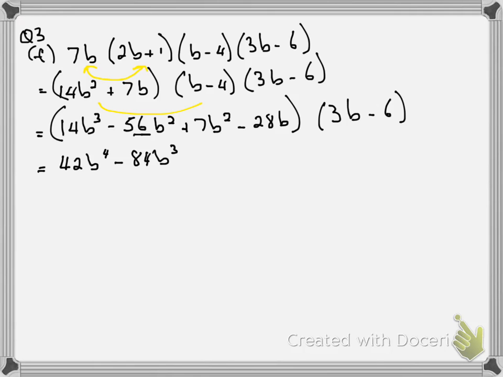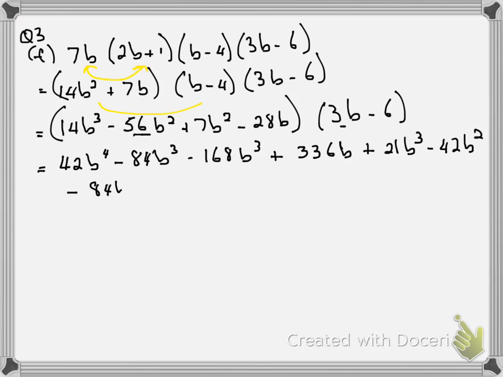Now multiply this one and these ones together, and that's going to give me 168b cubed, and 6 times 56, that's going to be a plus, 6 56s are 336b squared, plus 21b cubed minus 42b squared. Now the last one, I've got to do some negative 28b. That's going to give me minus 84b squared minus 168b.